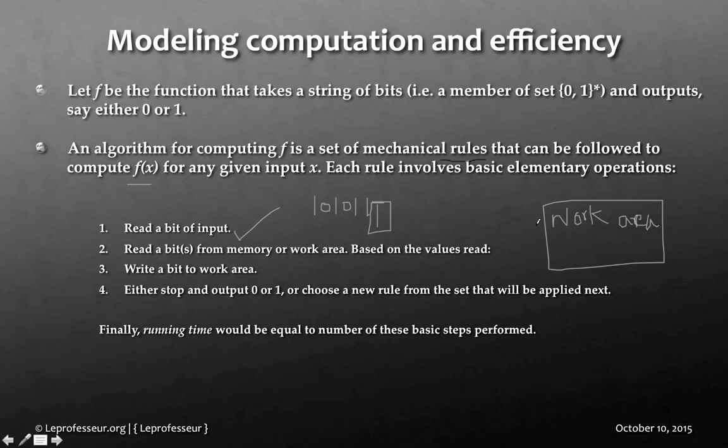So we read bits from this work area based on the values which we read from the input. Now we write another bit to the work area. After reading a certain bit from this work area, now that we know what bit we read from the input, we can write either 0 or 1 on our work area.